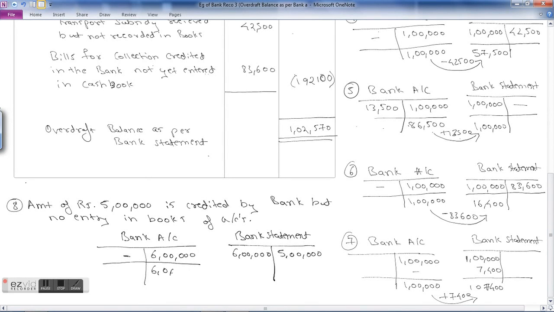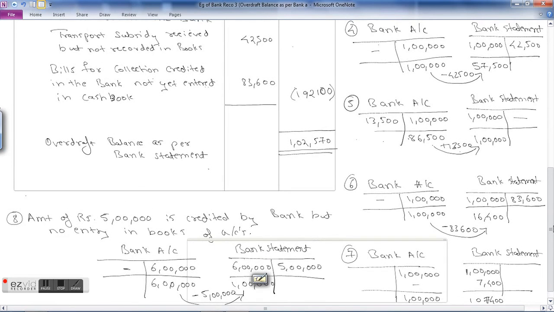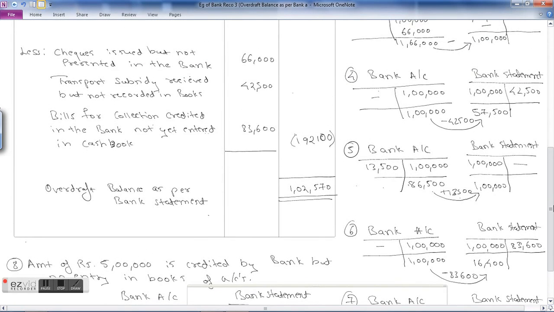So 6 lakh, and here the balance will become 1 lakh. So we have to reduce 5 lakh. Correct.